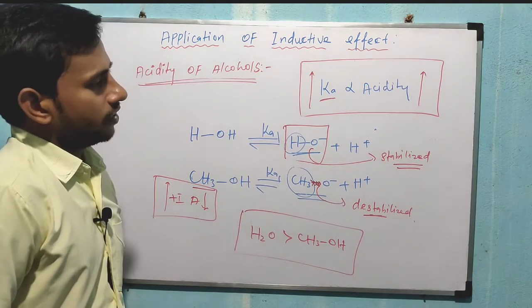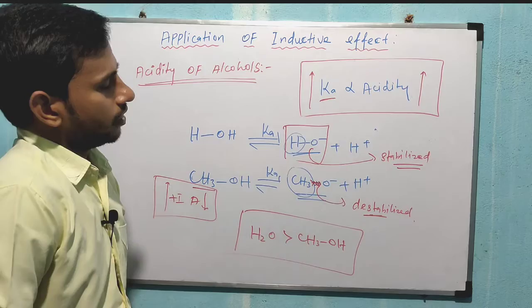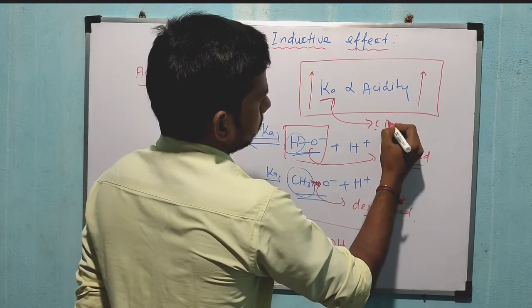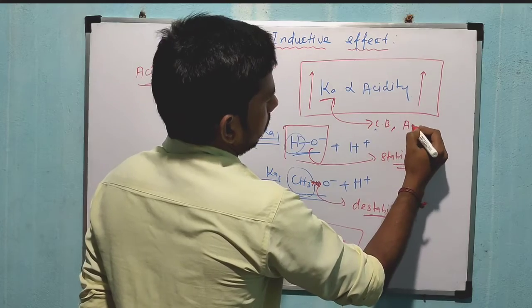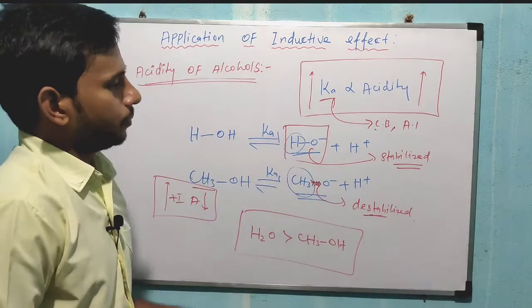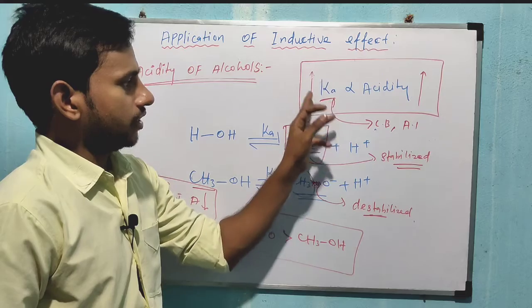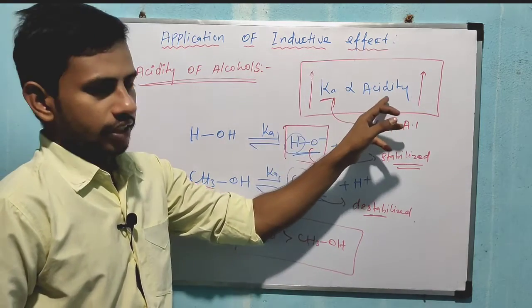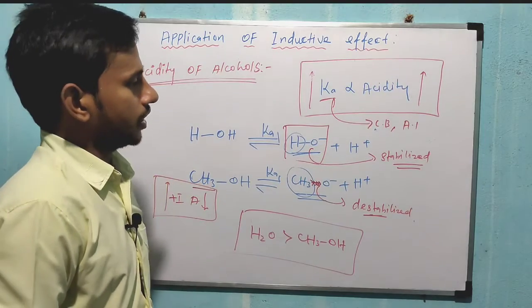Always remember that Ka is related to the conjugate base, the alkoxide ion. Keep it in your mind. When the alkoxide ion, that means the dissociation constant, increases, the acidity of the alcohol also increases.